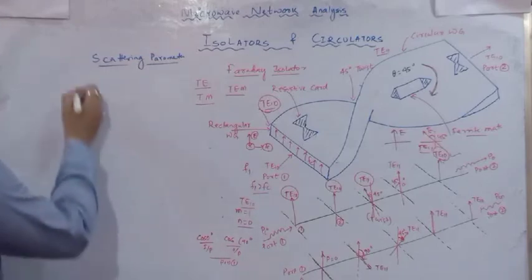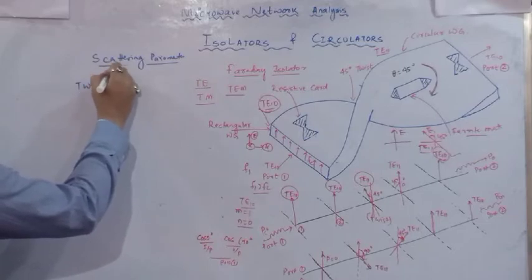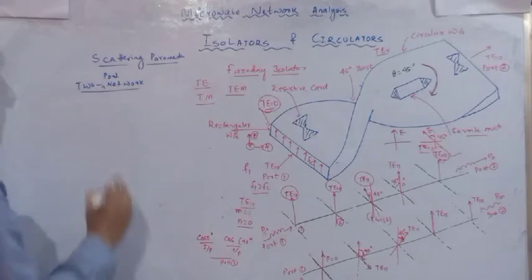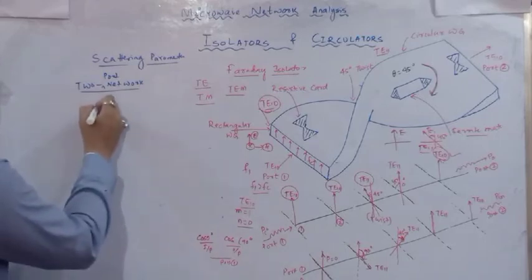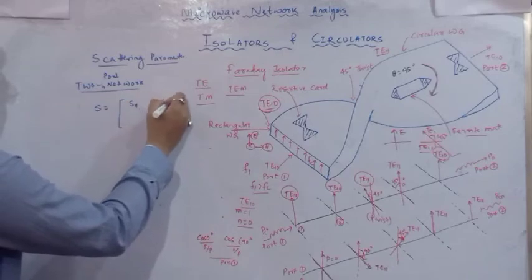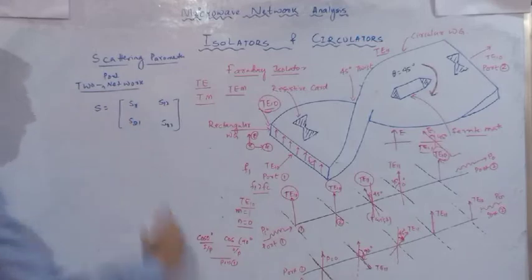Now the isolator is a two-port network. That means we have S11, S12, S21, S22.